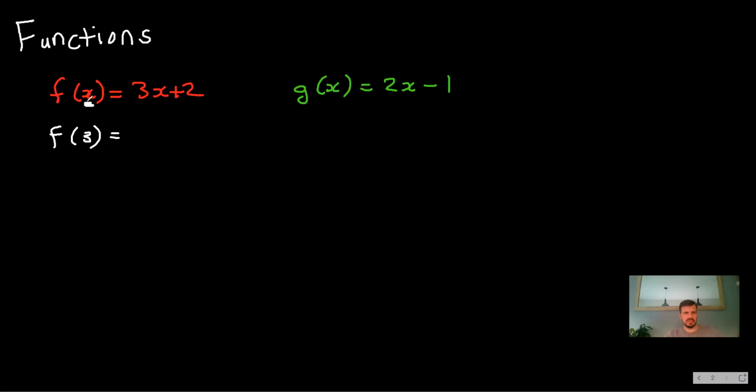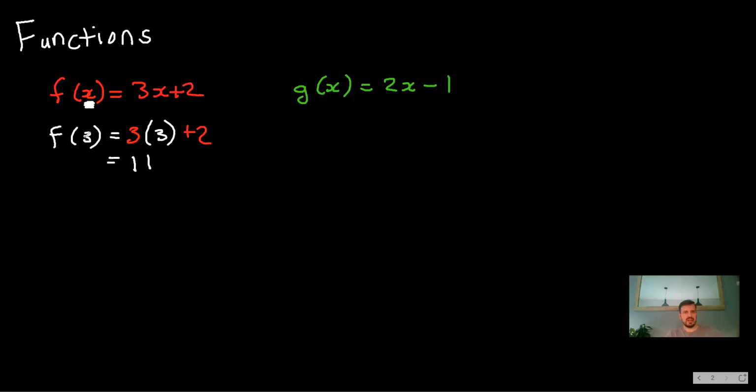So f of 3 means everywhere we see an x, we put a 3 in. I have a 3 as usual, but I don't put an x because now x is 3. So where I see that x, I put a 3, plus 2. Now 3 times 3 is 9, plus 2 is 11. So f of 3 is 11.